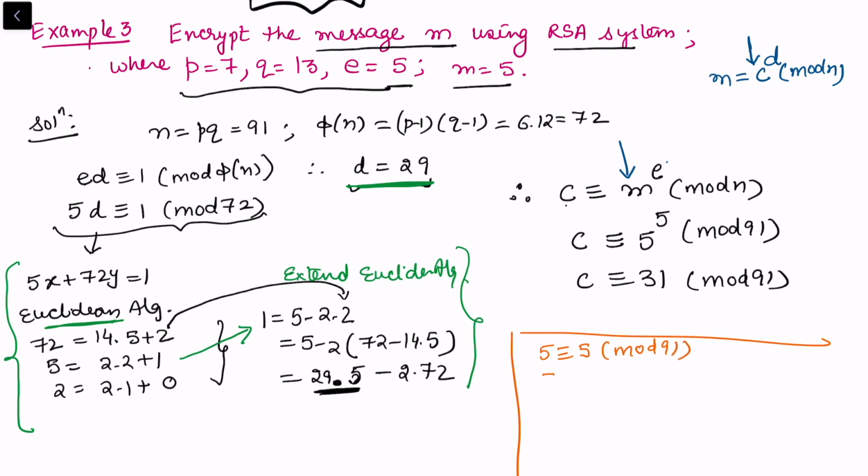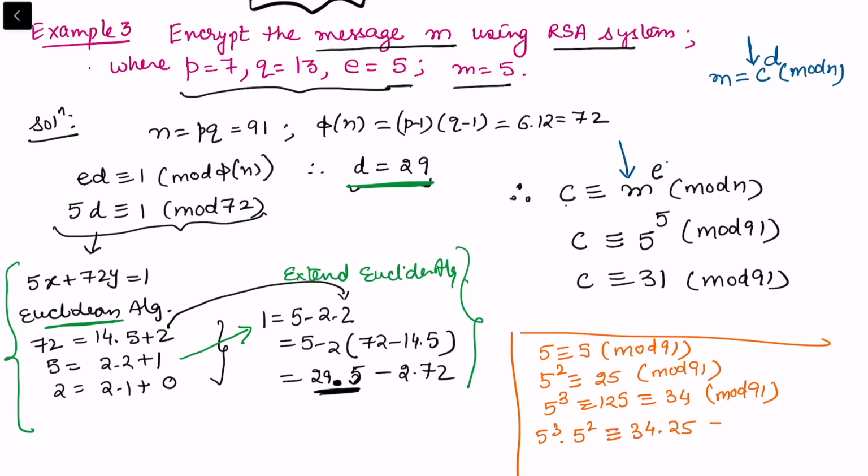Then I take the binary exponent, 5 square is congruent to 25 mod 91. Then 5 cube is congruent to 125, which is congruent to 34 mod 91. Either you can do this one by one, or you can take binary powers 5 square, 5 to the 4 and so on. But since I just required 5 to the power 5, I've just found these consecutive powers.